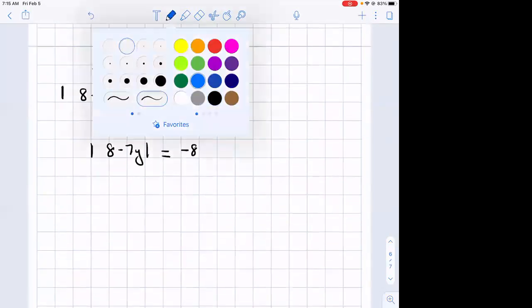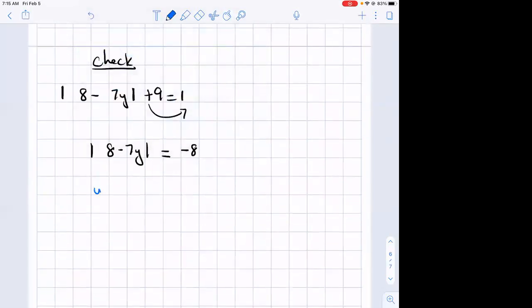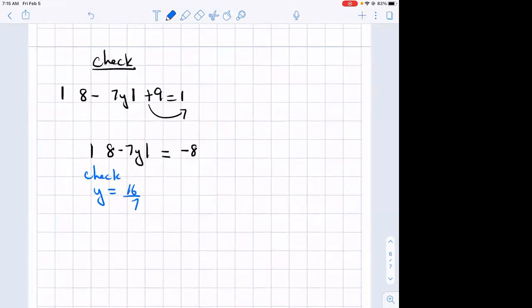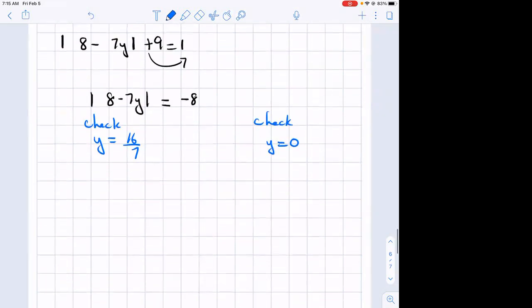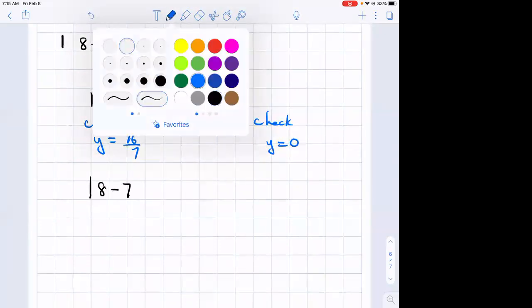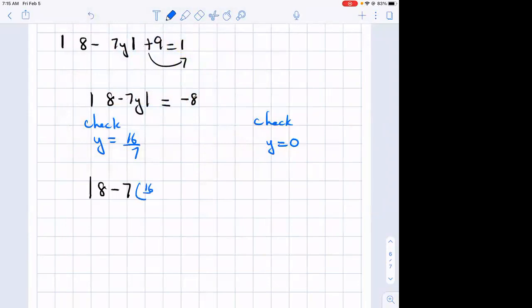So let's check. Remember, we're checking that y is equal to 16 sevenths. And we also want to check that y is equal to 0. So if we perform our check, we have the absolute value of 8 minus 7, and remember, the value of y is 16 sevenths.